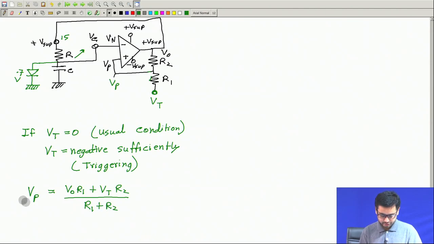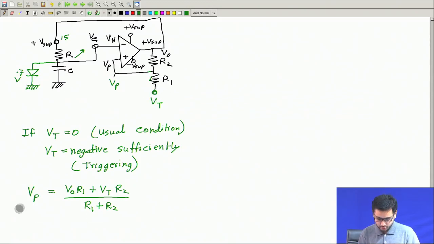Okay, so you can find this expression by first finding this current. No current flows in this branch, so this current is (VO minus VT) divided by (R2 plus R1). Okay, that is this current, and after that you can get this voltage here by adding R1 times the current plus Vt. This way you can find this.